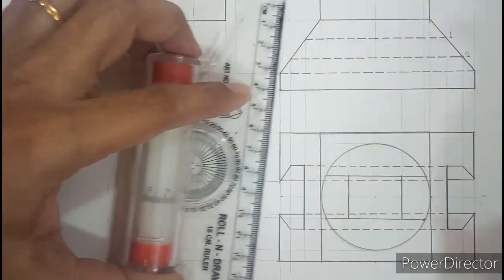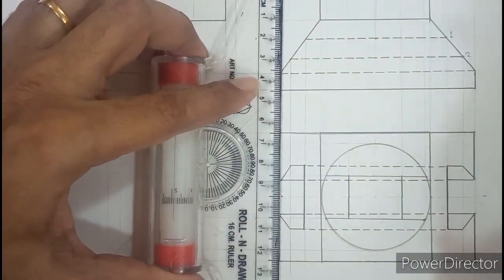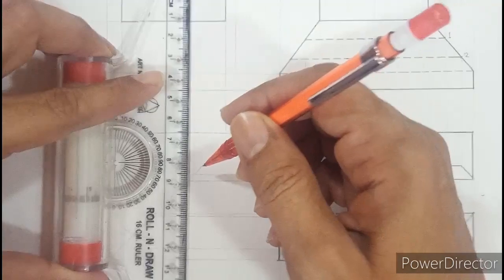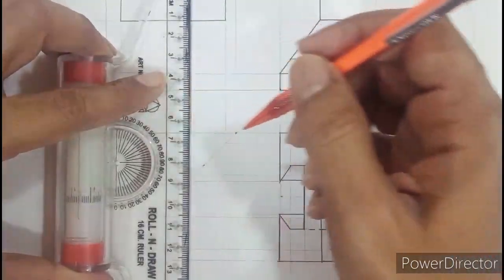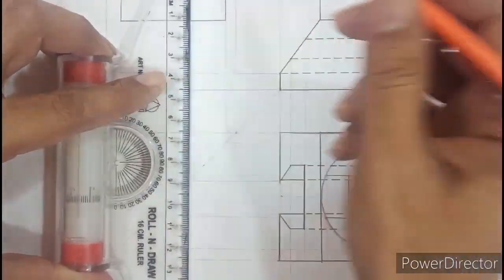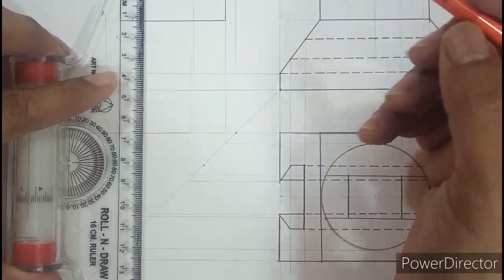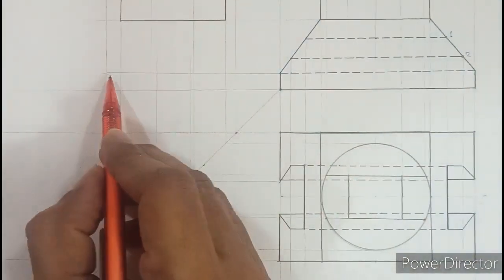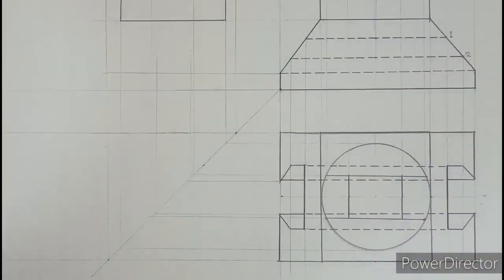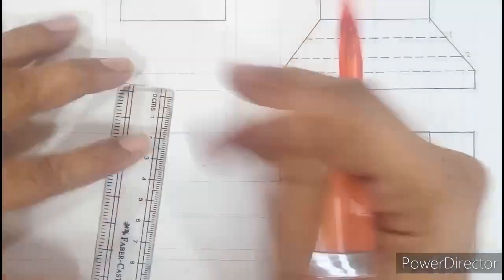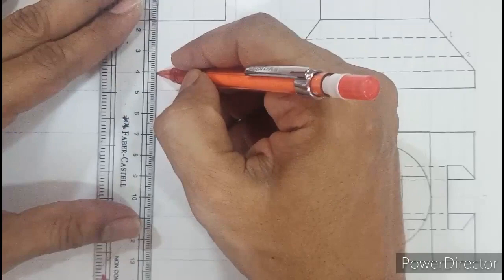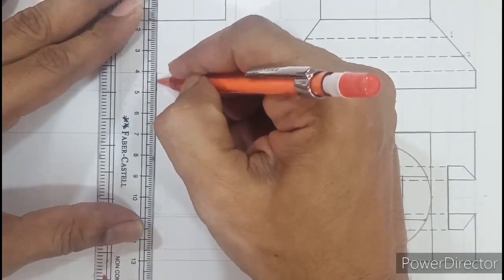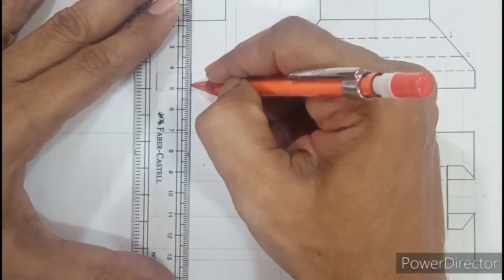Then from the point where we marked, we project it up, and even from this side we extend this up. By this we get two rectangles of height 16. So let us make that dark, double trace, and make that portion dark.